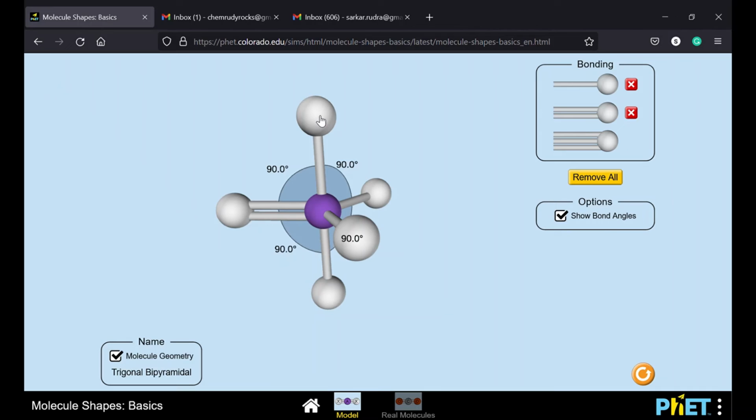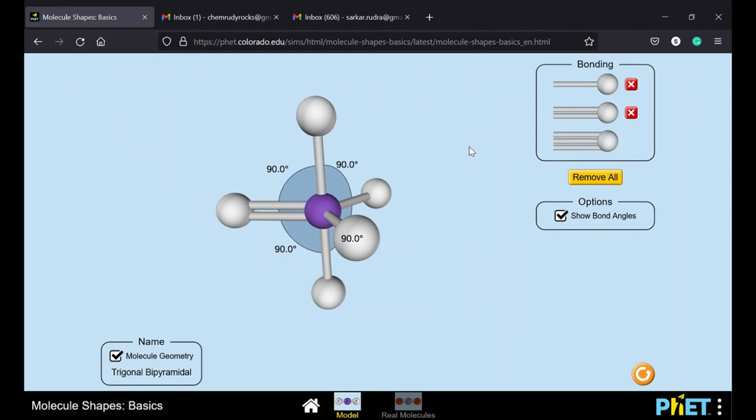Because Cl is more electronegative than oxygen, and according to Bent's rule, the more electronegative atoms should be placed in the axial position. So if this is SOF4, oxygen will be in the equatorial plane because it is less electronegative than, say, fluorine or chlorine, and the axial positions will be taken up by the halogen atoms.